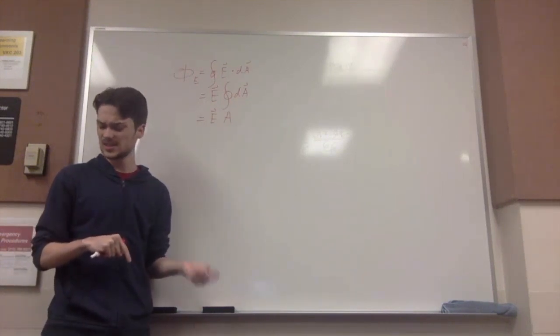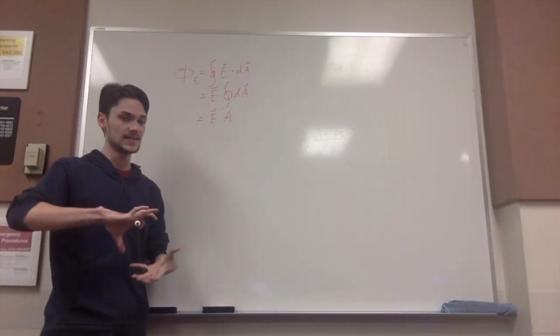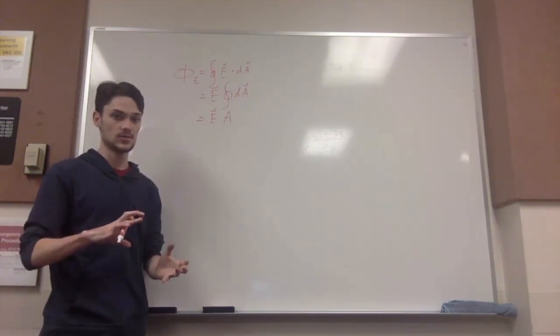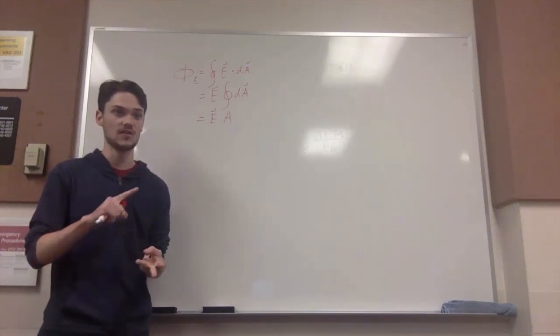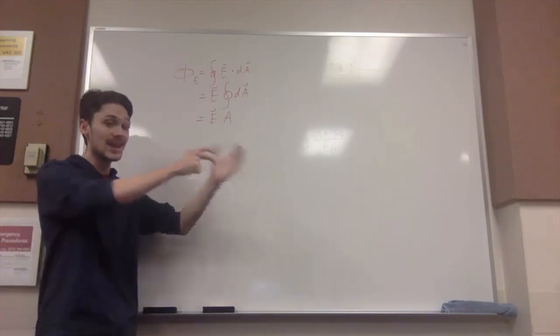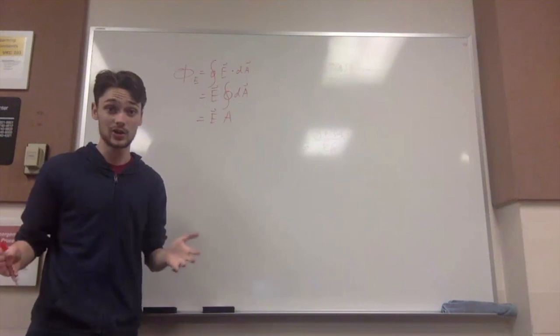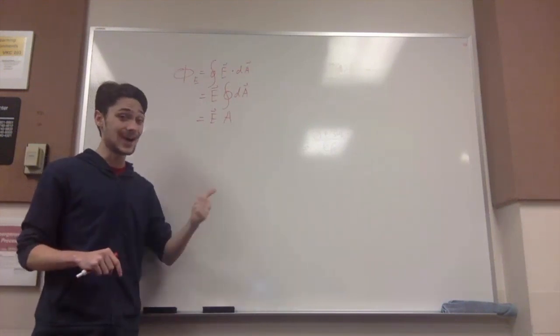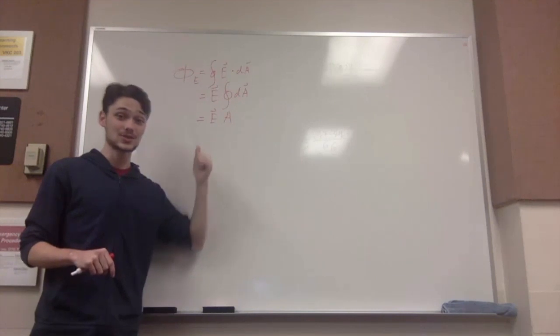We also know that our Gaussians are going to be determined by set geometric principles, for example, the surface area of a sphere, of a cylinder, of a circle. So we can also pull the dA out of the integral, since there is going to be no change in area. So that means that our electric flux is going to be equal to the electric field times A.